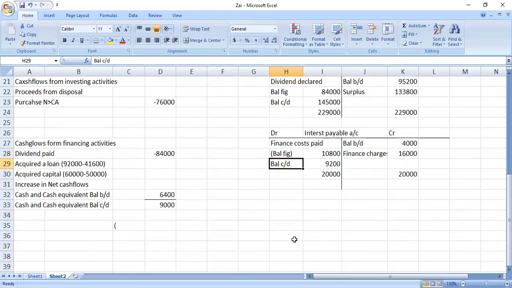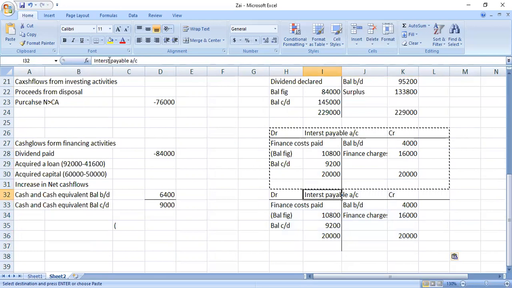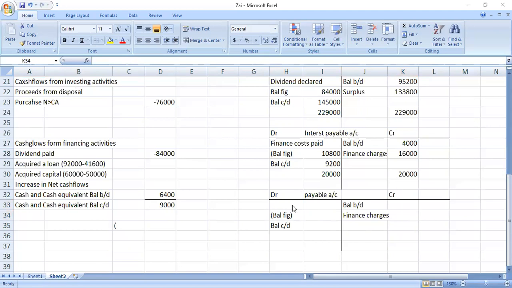So there's a new T account of payables. You say payables, or account payables, or trade payables, or current payables. That's the opening balance. So the opening balance is 75,600. The closing balance is my payable, 10,000.